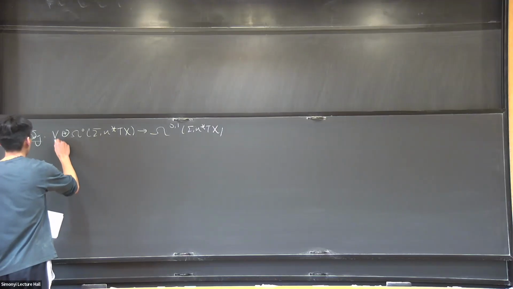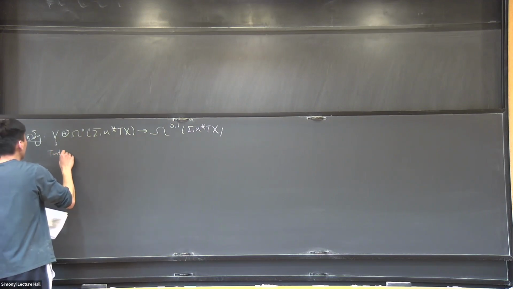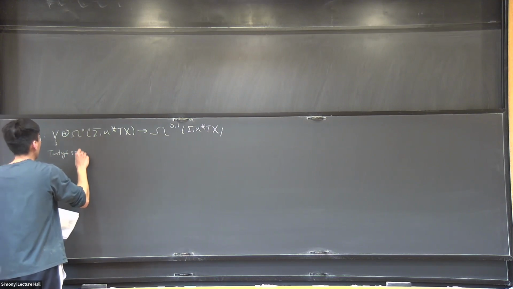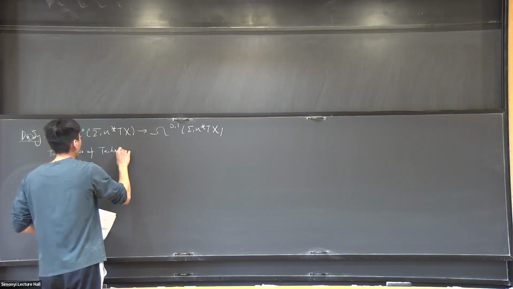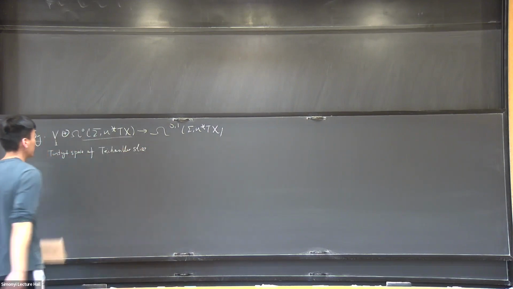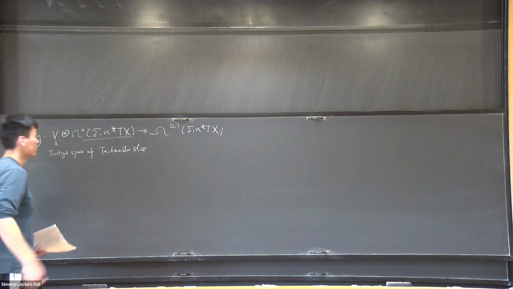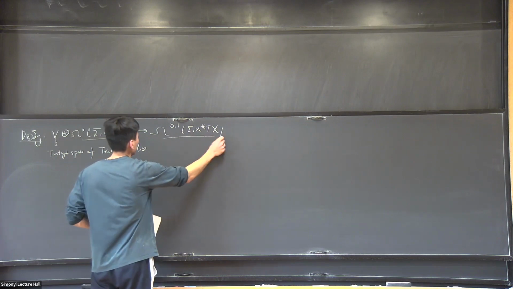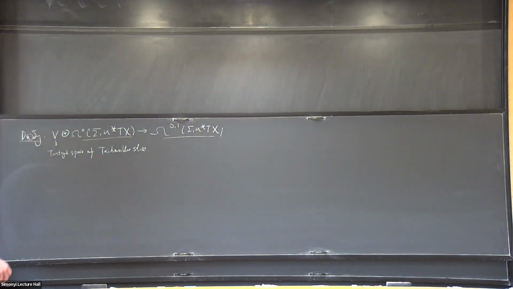Here V is chosen to be the tangent space of the Teichmüller slice. These are the vector fields along this stable curve, which tell you how to deform the map. And this is the space of (0,1)-forms taking values inside the pullback tangent bundle.